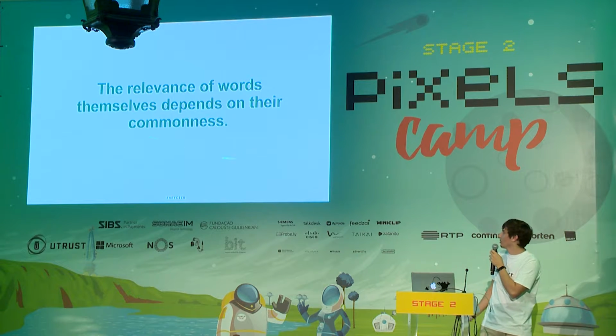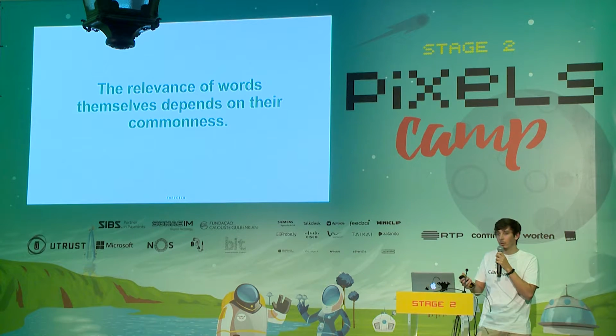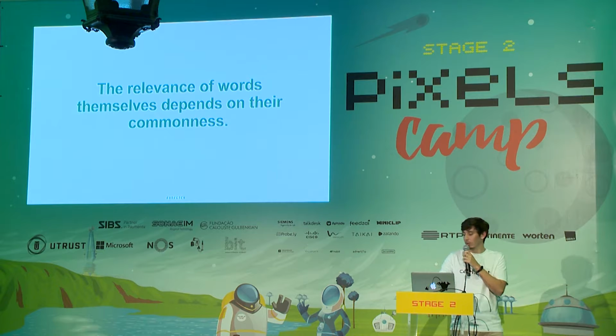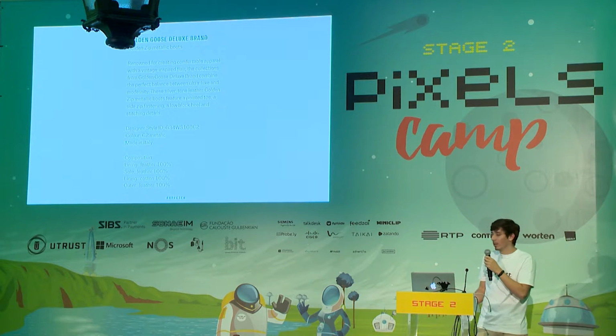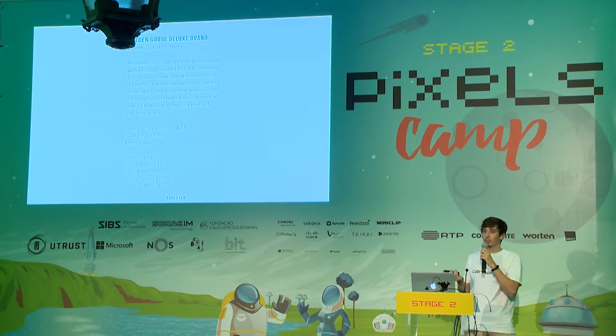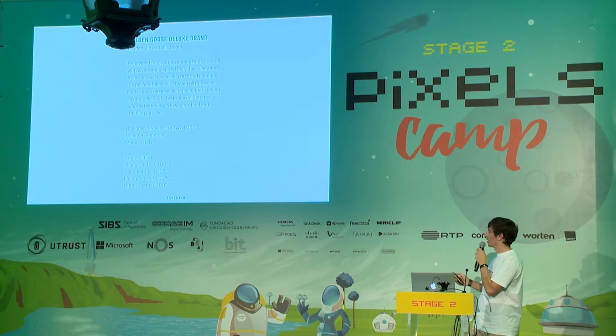Basically, the relevance of the words also depends on their commonness. What this is saying is that, imagine in a long description like this one, if you pick up all of the words that you have in your documents, those that show up the least are more relevant for the product. For example, most of my products will have the word for, or the, or and.